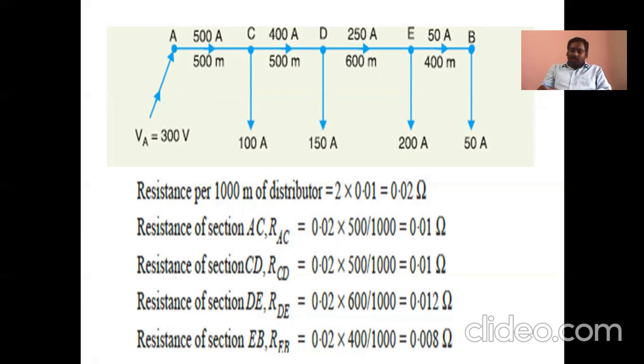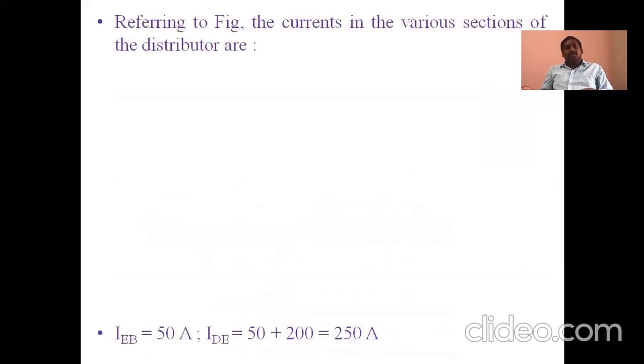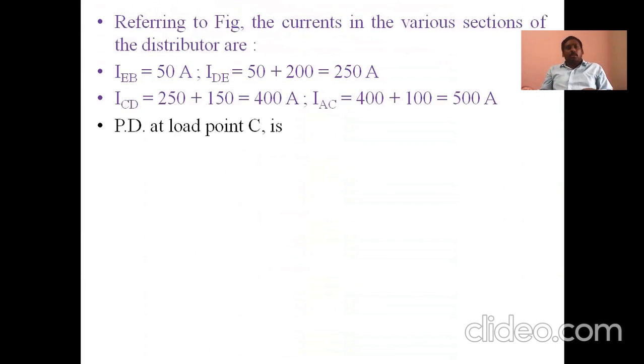VA is already given as 300 volts. Now we have to calculate VAC: the current in the section is 500 amperes, and the resistance is there, 0.01. Then we can easily calculate VC like this, a simple voltage division principle.